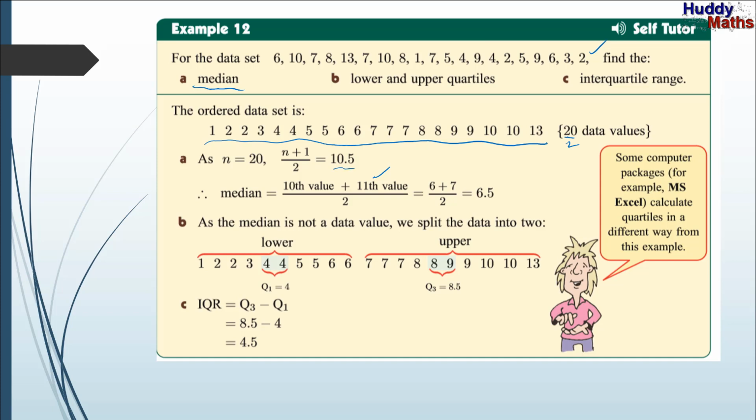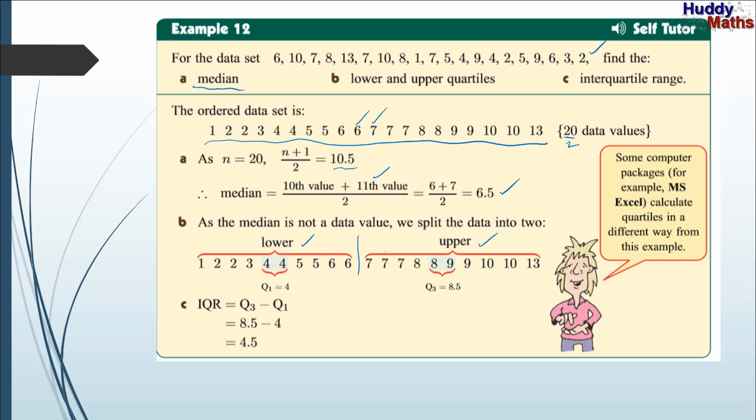Or the 10.5 if you want to do that, and that indicates 10 up to the 11th value. So that is the 6 and the 7 there. So our median is 6.5. So that means we're going to split it there, and there isn't a 6.5, obviously it's halfway between those two scores, but we have successfully got a lower half and upper half.